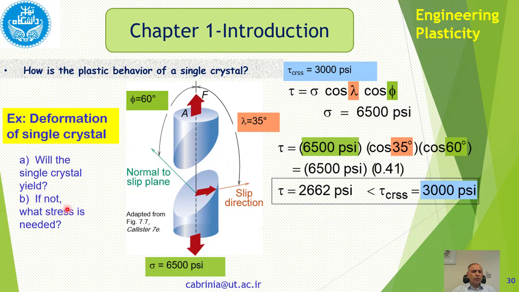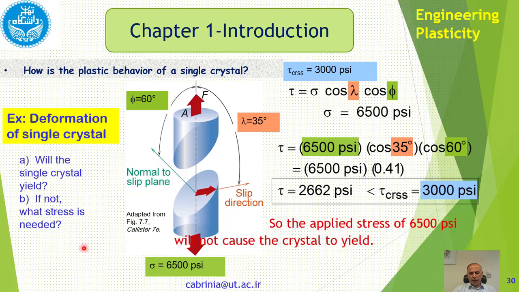No slip, no yield. Okay, then in the second part it says if yielding does not occur, what stress is needed for the yield to occur? We can calculate that. So the applied stress of 6,500 psi will not cause the crystal to yield.